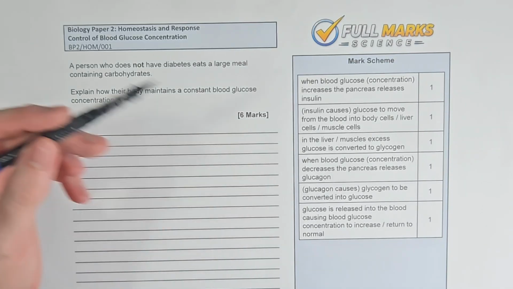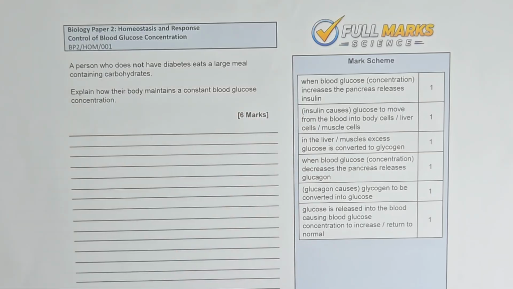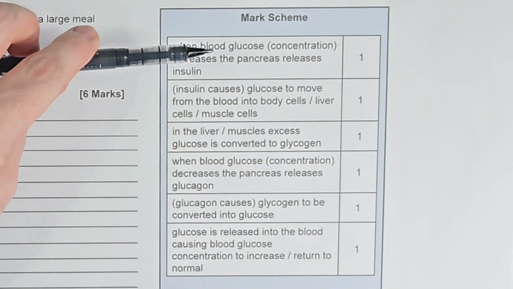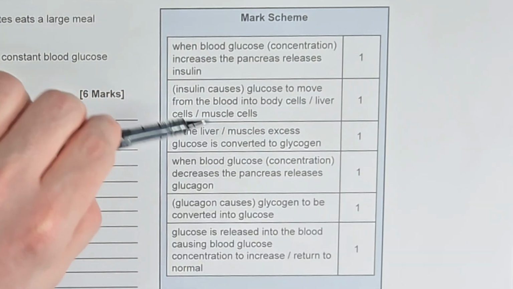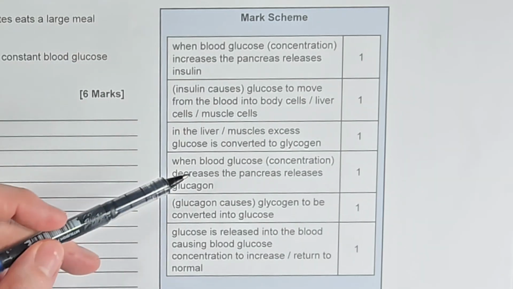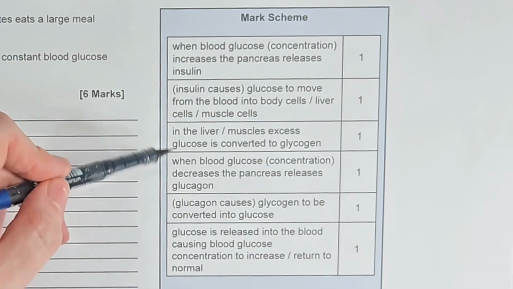So before we get onto this, we'll just have a look at what is going on in our mark scheme. So we're saying about blood glucose concentration increasing and the pancreas releasing insulin for a mark. We need to say about insulin causing the glucose to move from the blood into the body cells. We need to say that in the liver, your excess glucose is converted into glycogen.